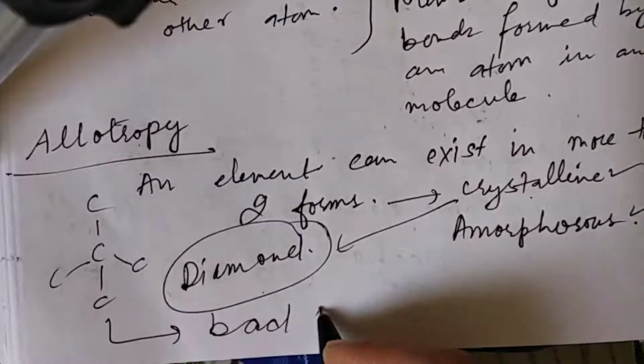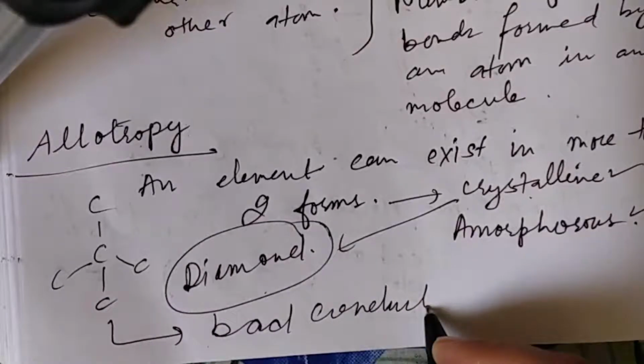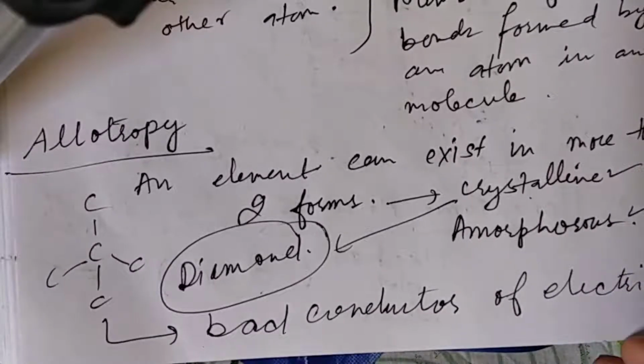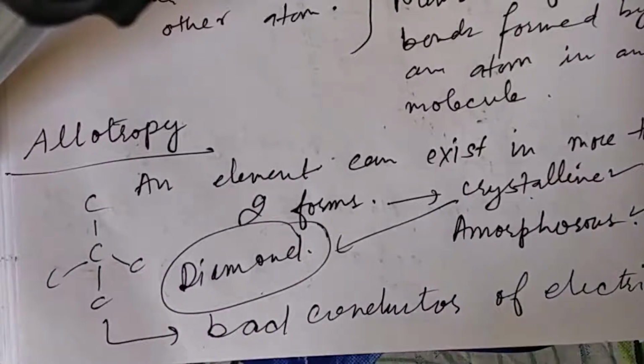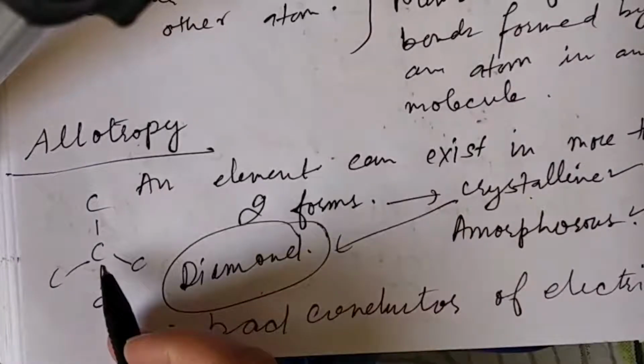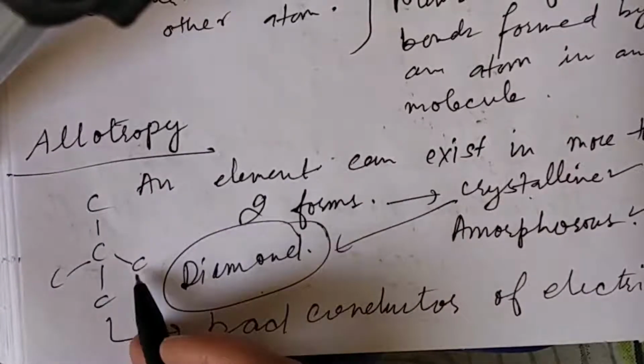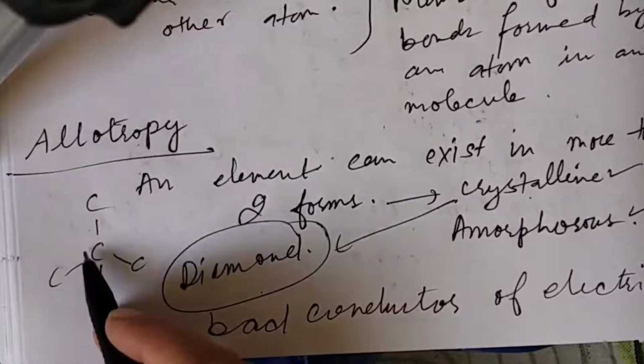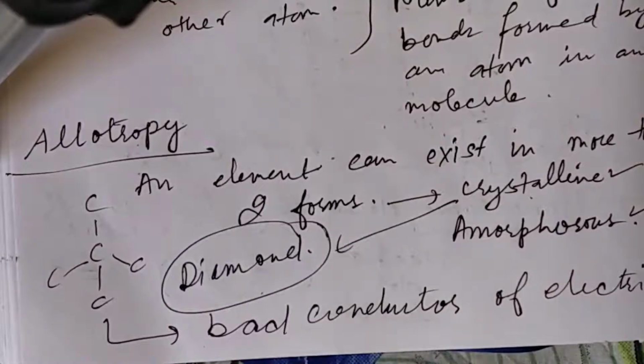How will you explain why diamond is a bad conductor of electricity? Because in diamond there is no free valency. No free electrons are present here. All the 4 valence electrons are involved in bond formation, so because of the lack of free valency, it is a bad conductor of electricity.